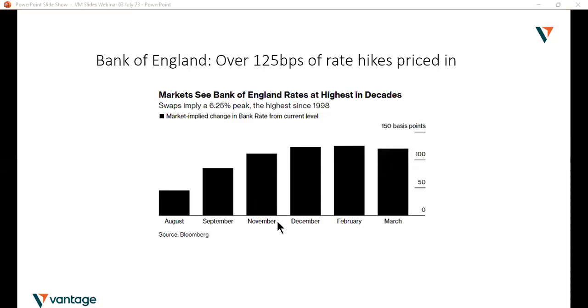But you can just see essentially the reason for that massive, really strong uptrend in the sterling yen chart. You can see now peak rates in the UK, 6.25% potentially. That's what markets are pricing in. That's why we've had a massive rise in sterling yen versus, as I say, that uber dovish Bank of Japan.